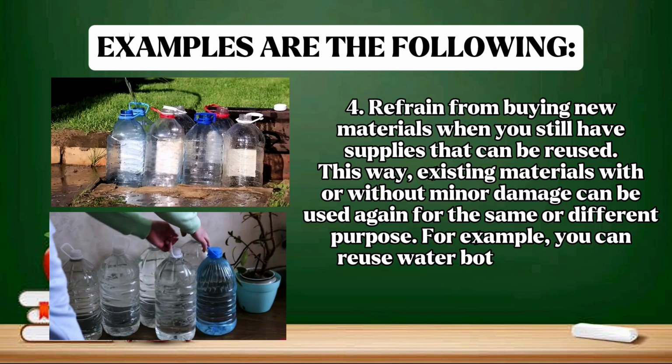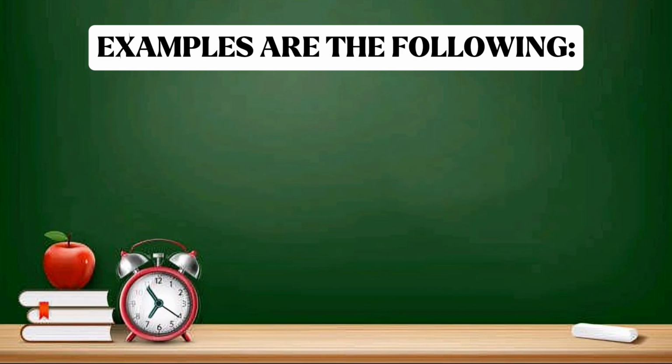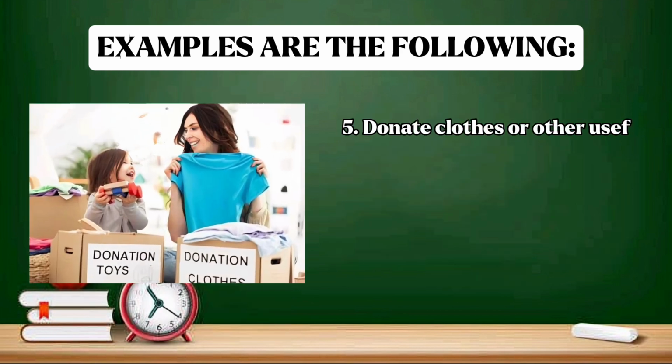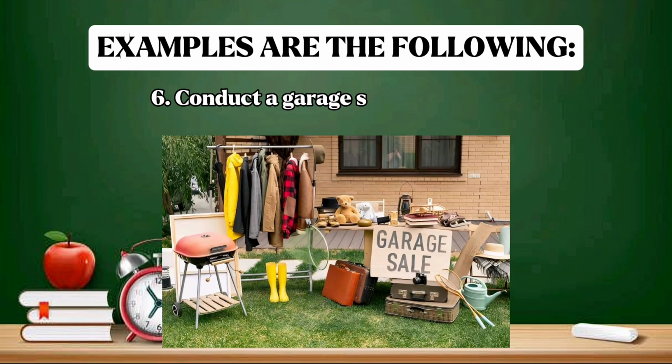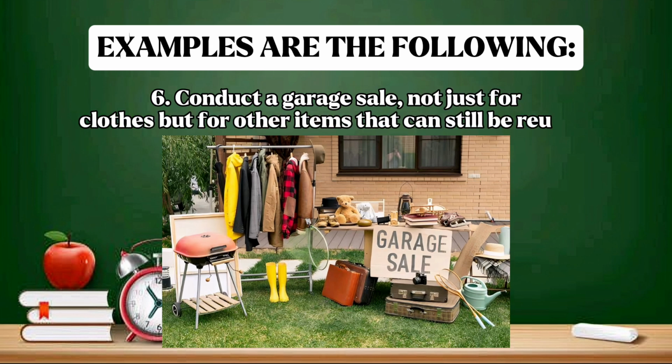For example, you can reuse water bottles as liquid containers. 5. Donate clothes or other useful materials to some organizations that conduct relief operations during calamities. 6. Conduct a garage sale, not just for clothes but for other items that can still be reused.